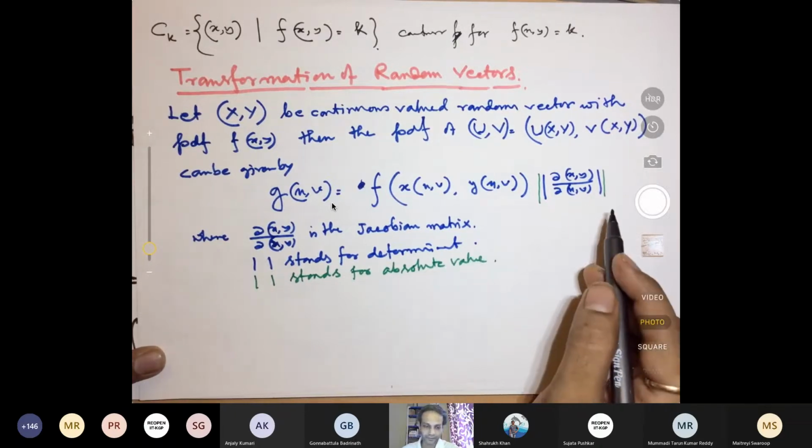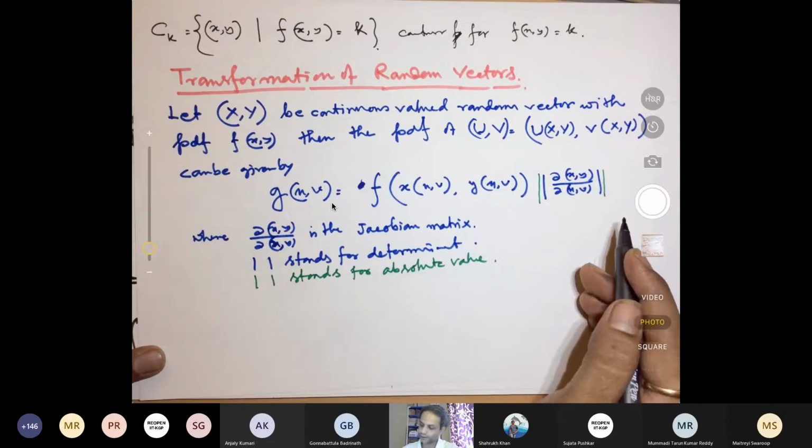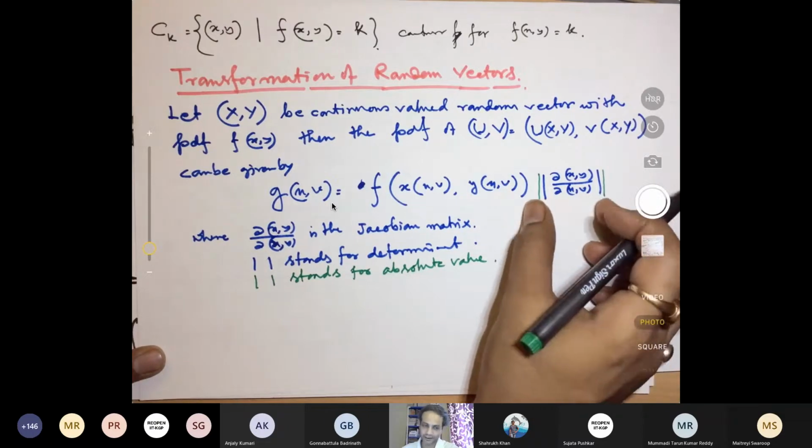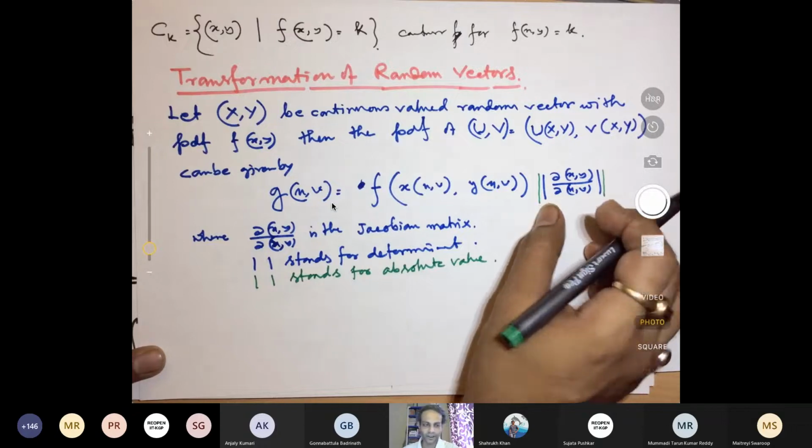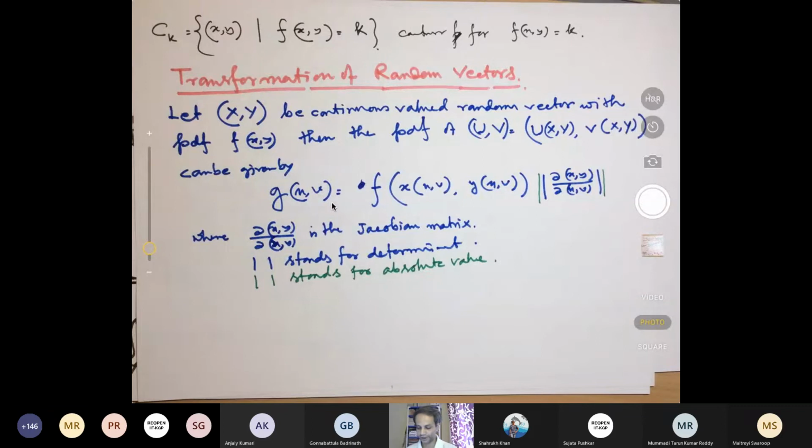Because if the determinant becomes negative, that is not of any use, because we are eventually calculating the density, and a density function cannot be negative. Same thing you have already seen when we studied the univariate case. So this is nothing but a problem of transformation of variable in integration, or the method of substitution, whatever you may call it.